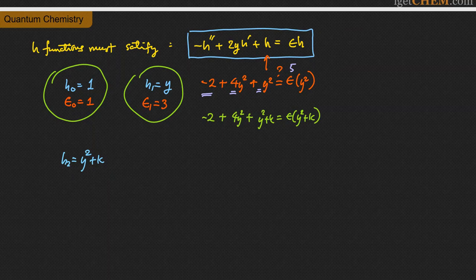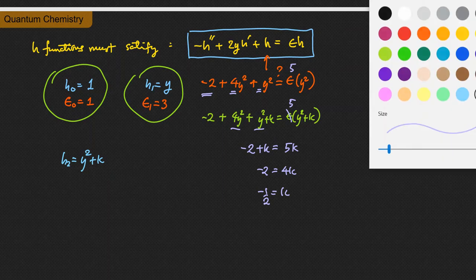Now we fix this minus 2 because we can just make this come out to be equal to 5 times y squared plus k and find out what k is necessary to make that happen. So you see this 5 will cancel out those. So what I have is a minus 2 plus k. All the terms involving y squared are now the same on both sides, and so this is equal to 5k. So now I have minus 2 equals 4k, so k is equal to minus 1/2.